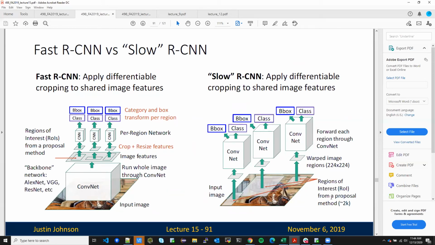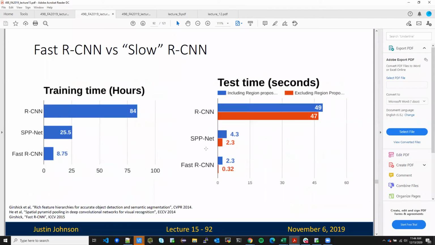This was our proposal method, selective search here, and here this is the same selective search method. This is what happened when you compare the fast RCNN and the slow RCNN. The slow RCNN, that time, this is a little bit of older GPUs, but around 2015 it was 84 hours.